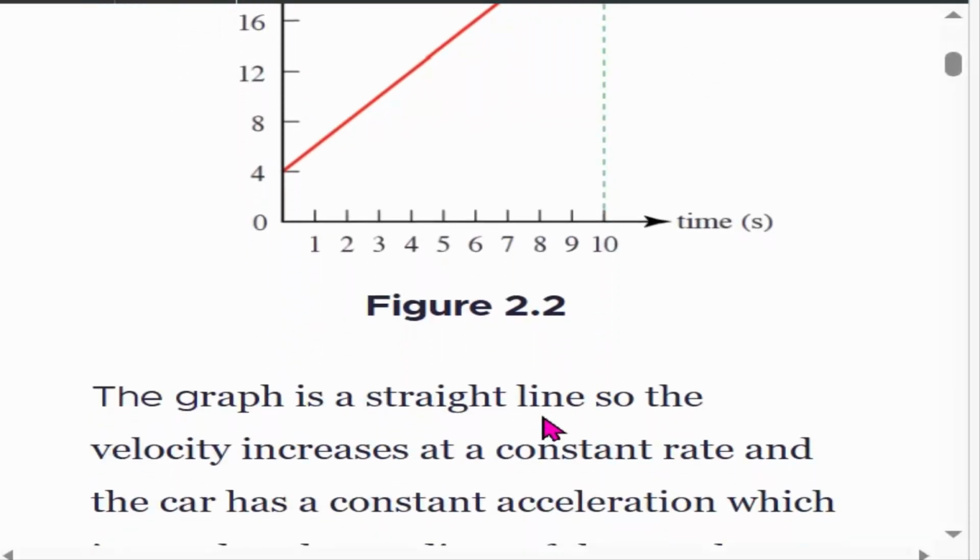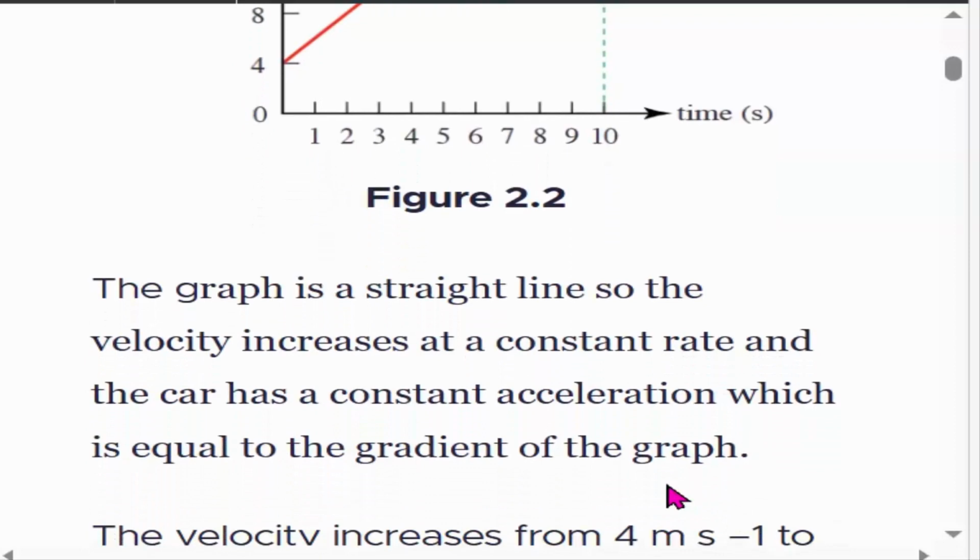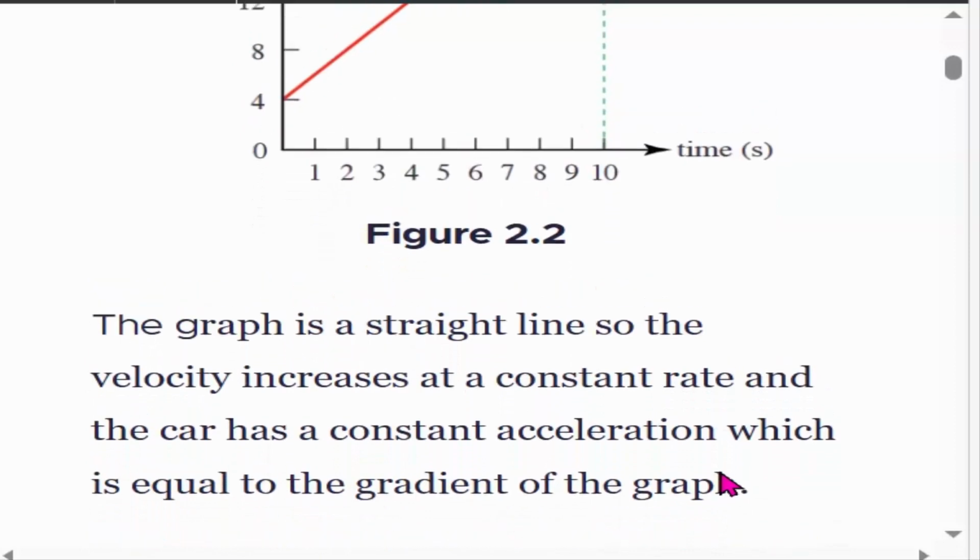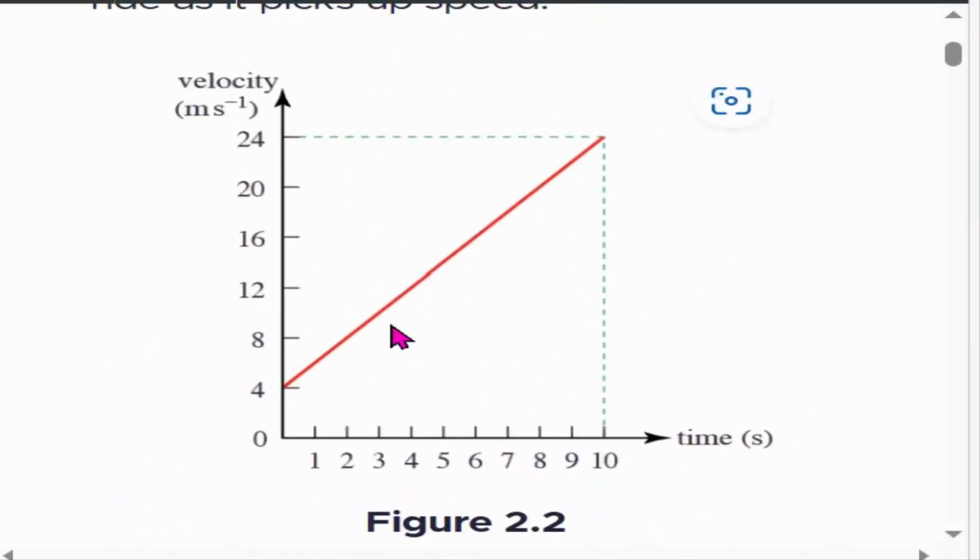The graph is a straight line, so the velocity increases at a constant rate and the car has a constant acceleration, which is equal to the gradient of the graph. It increases linearly, and the gradient of this graph is equal to the acceleration. It's a constant acceleration in this case.